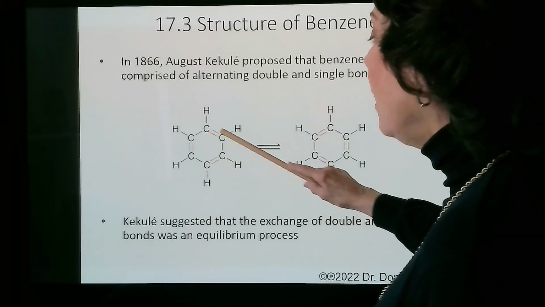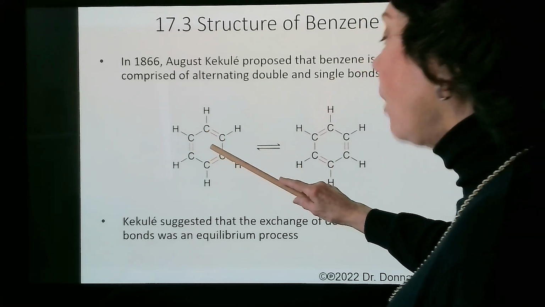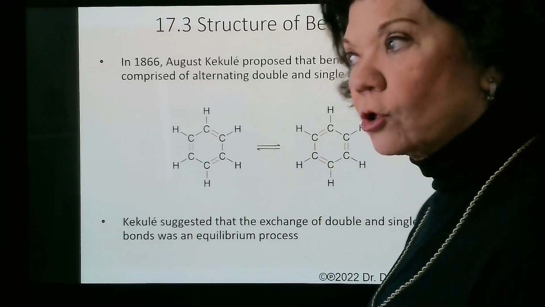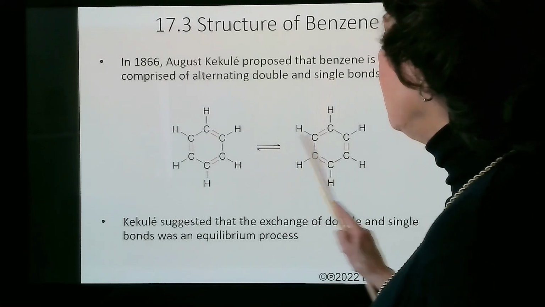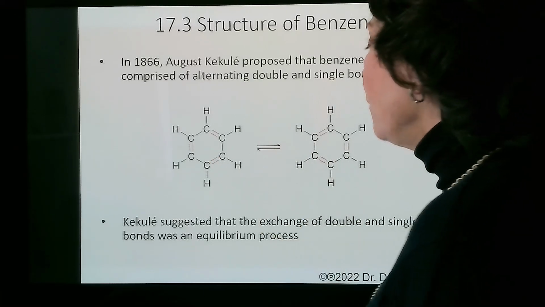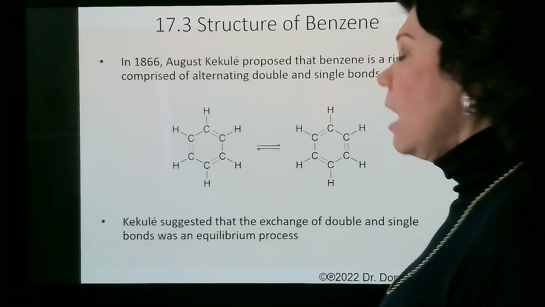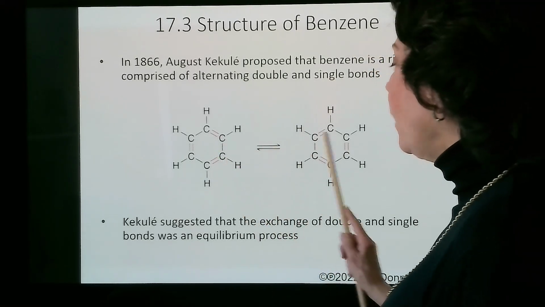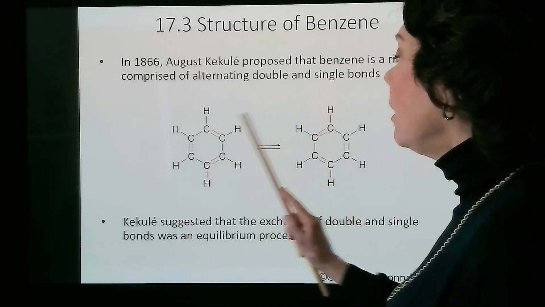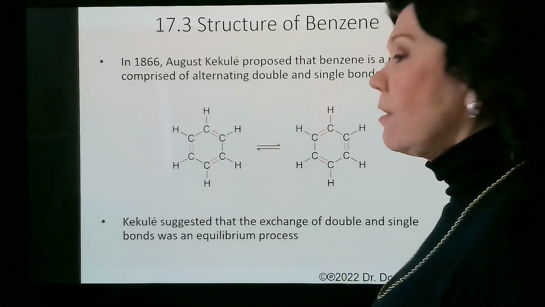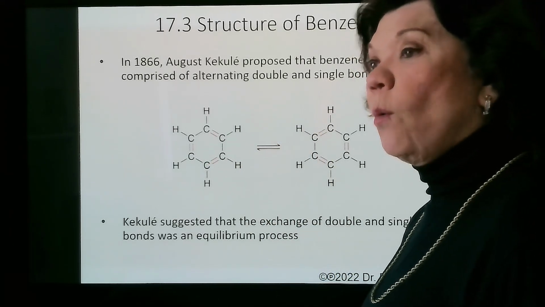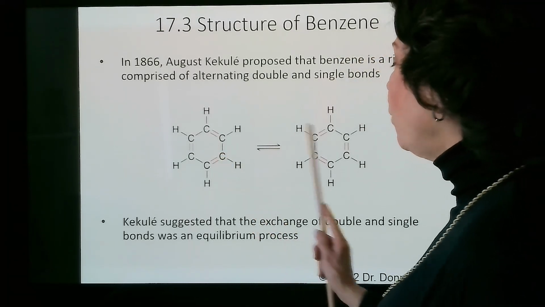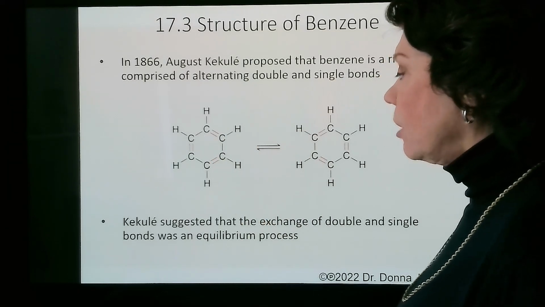So the actual structure of the molecule would be one structure that was somewhere in between these 2 structures. So there's a difference between alternating between 2 distinct structures versus having one structure that is in between these 2 structures that are drawn.